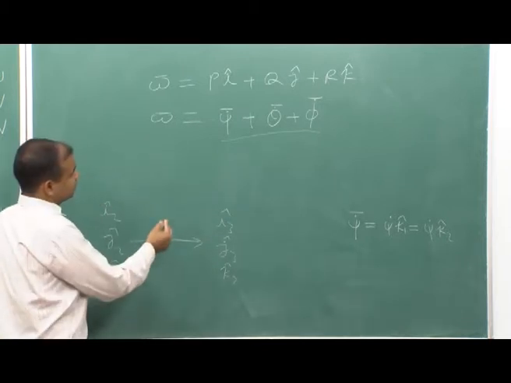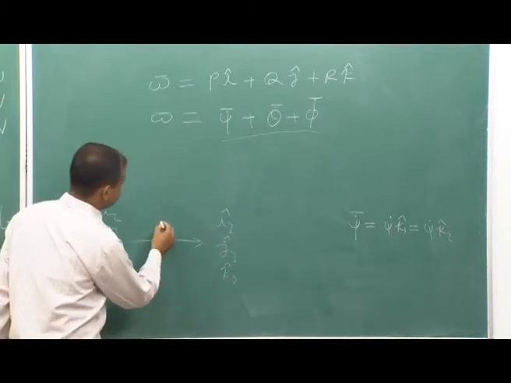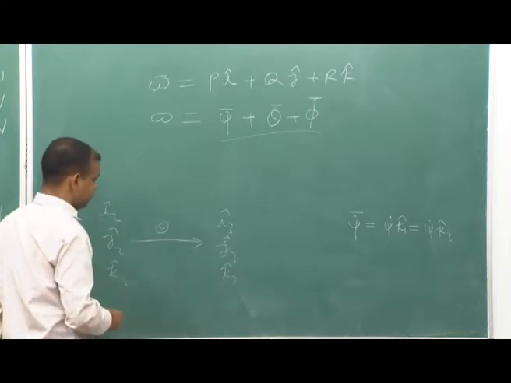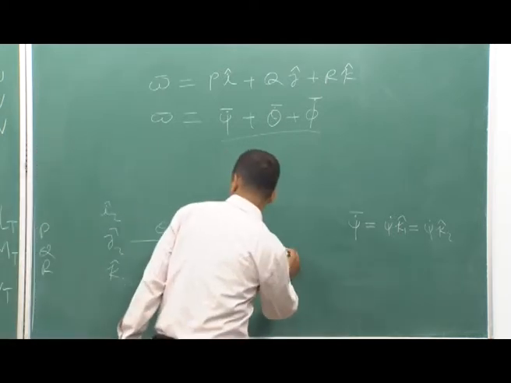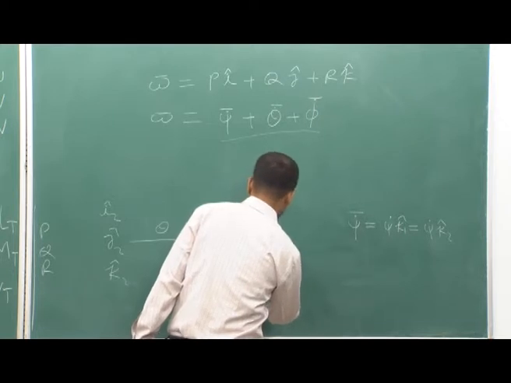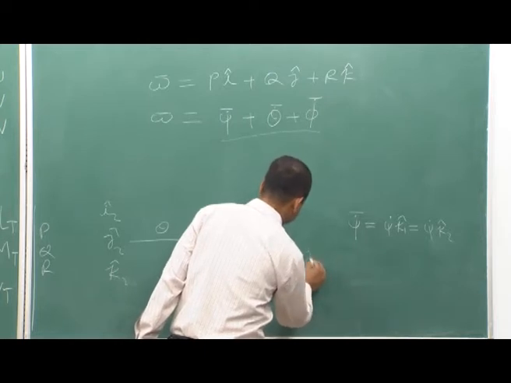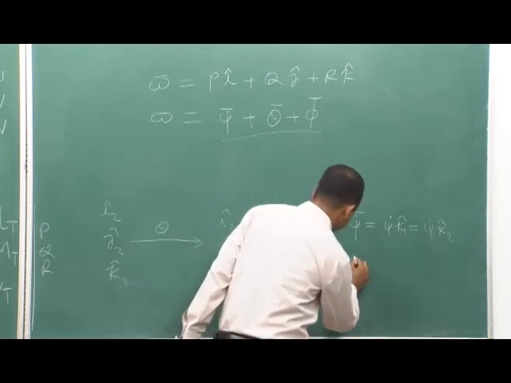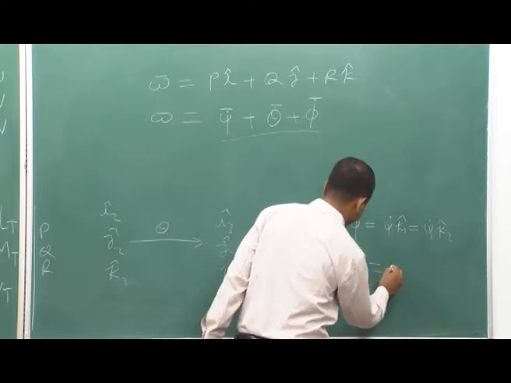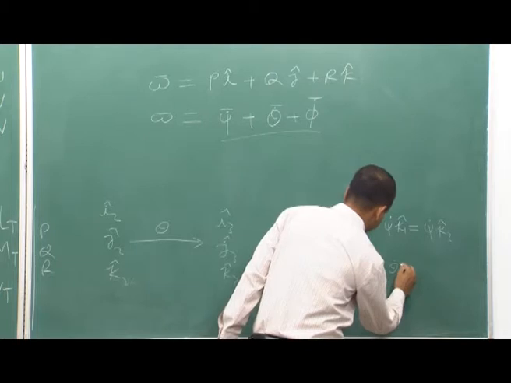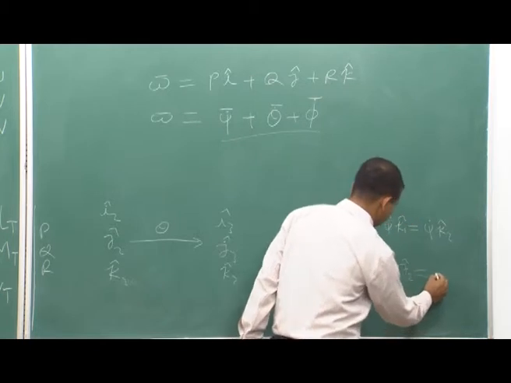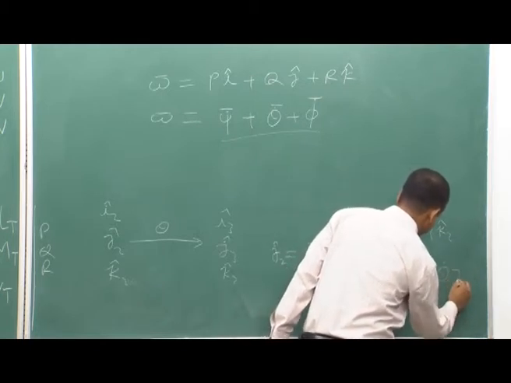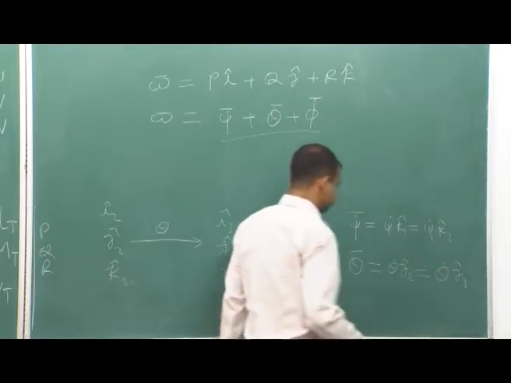For this rotation we got the theta angle, and this we are doing about the y axis, which means J2 and J3 are the same, and we can write the theta dot vector is equal to theta dot J2 or theta dot J3.